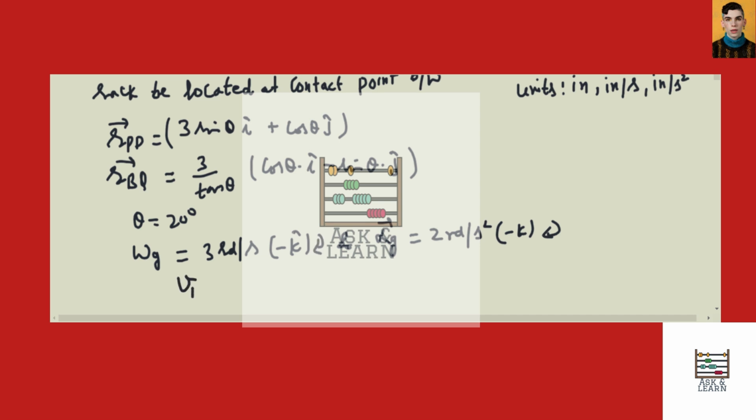So velocity of P point will be omega gear into r, so 9 inch per second, and in vector form it can be written as, say equation 1.